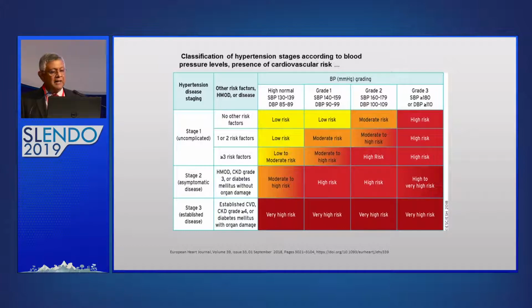As blood pressure rises, the risk increases a lot. So there is no controversy about the threshold of treatment. If the systolic blood pressure is more than 140, in most cases you have to start treatment, and likewise if the diastolic blood pressure is more than 90.